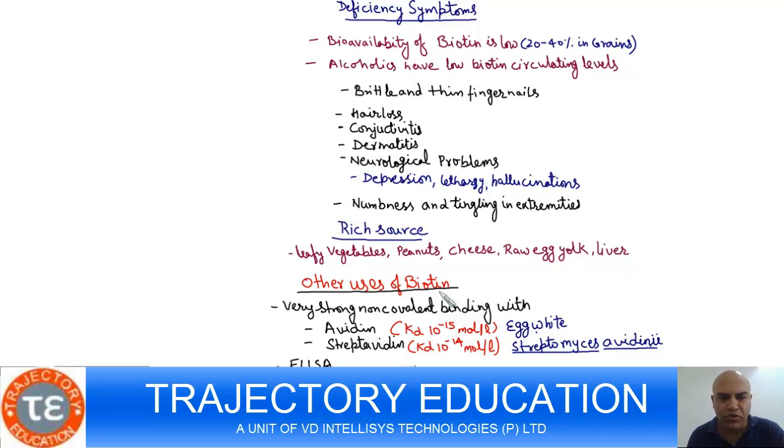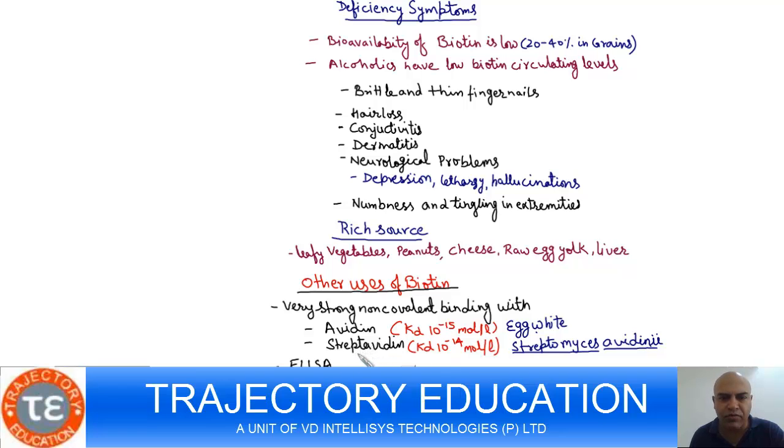Biotin is known to form a very strong non-covalent binding with a protein present in the egg white, avidin, and its dissociation constant is 10 raised to the power minus 15 mole per liter.